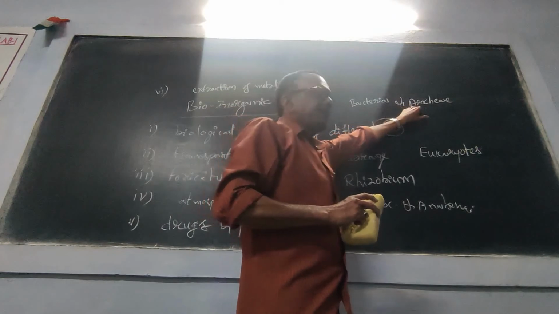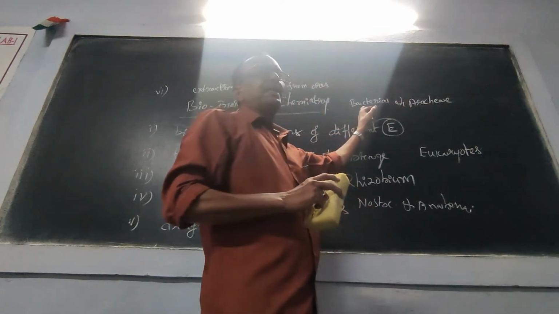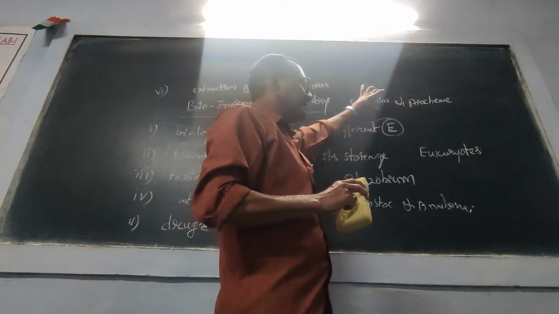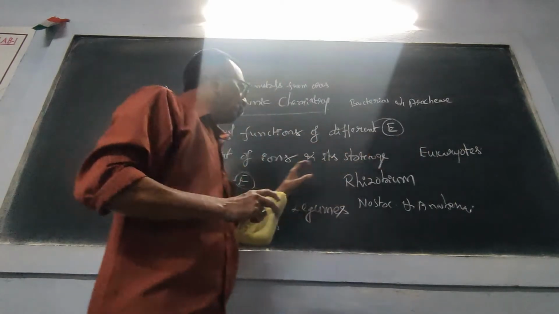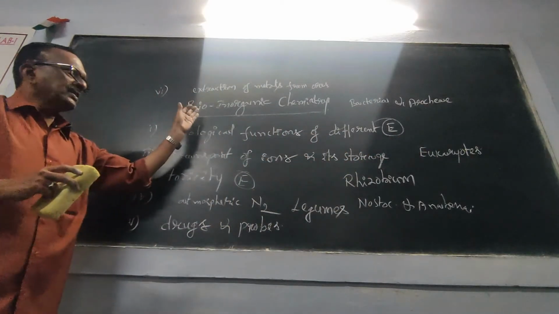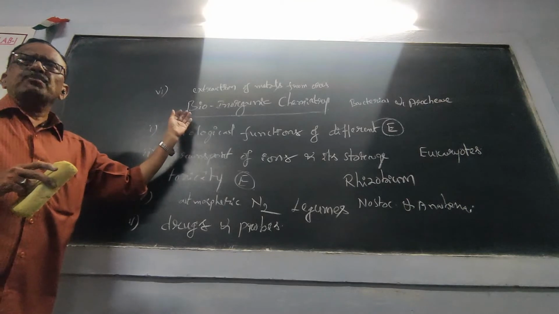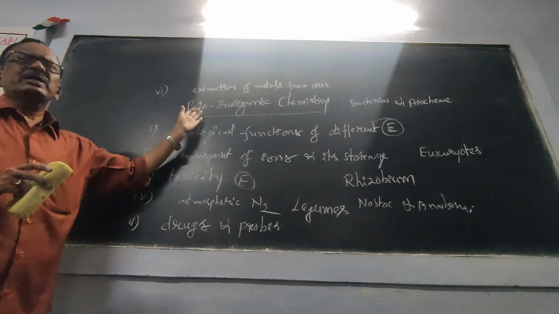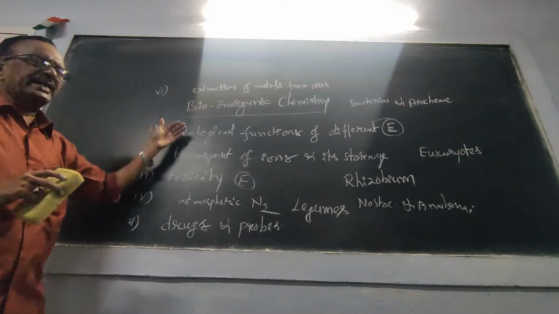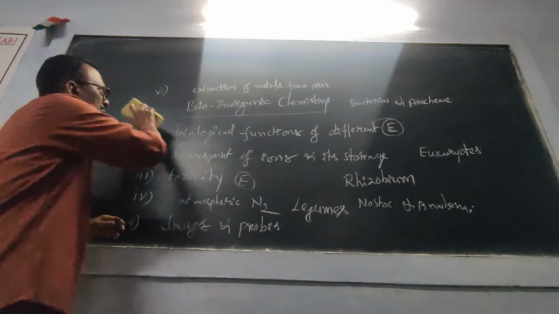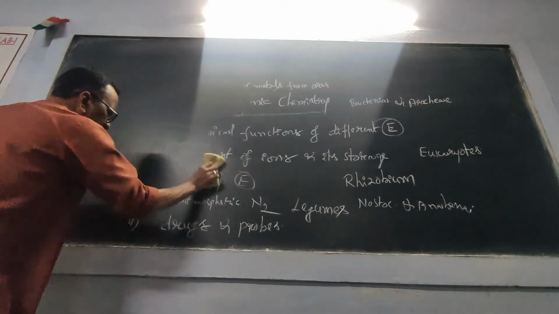So archaea is a connecting link between bacteria and eukaryotes. So you may get the main concern or significance of this bio-inorganic chemistry. Then you have to write these 6 points.